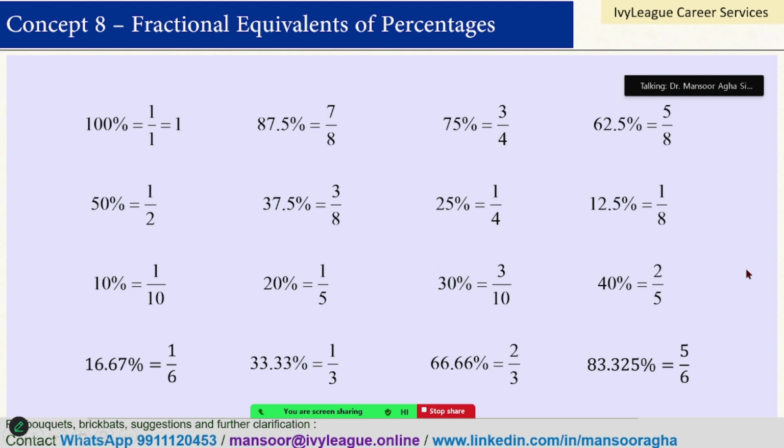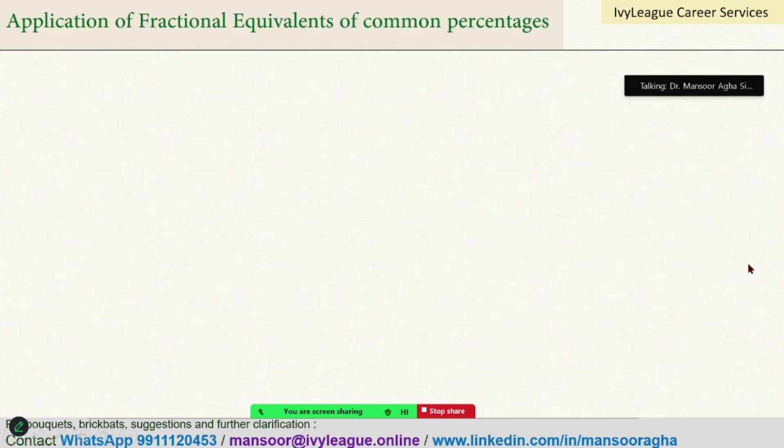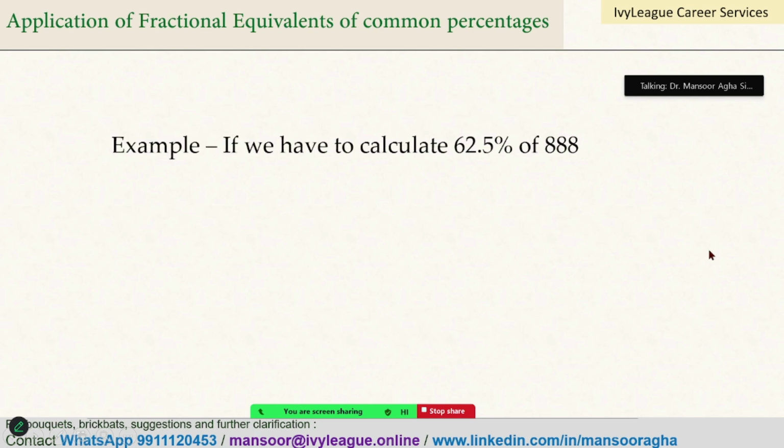Okay, next thing. How do we use these values as such? Suppose you have to calculate 62.5% of 888, then the classical school way of doing this is that you put 625 on top, 1000 at the bottom, and multiply it by 888.